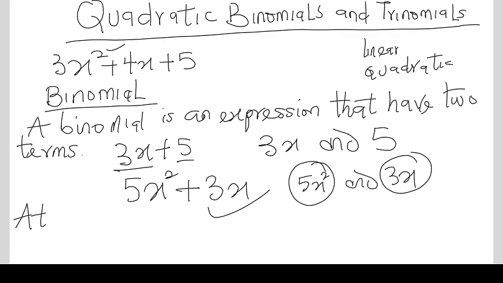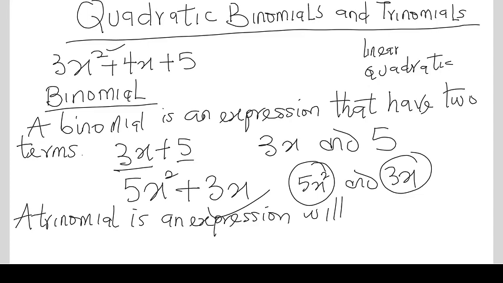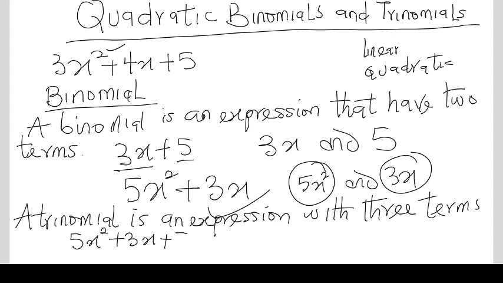So a trinomial is an expression with 3 terms. Example, when we have 5x squared plus 3x plus 5.